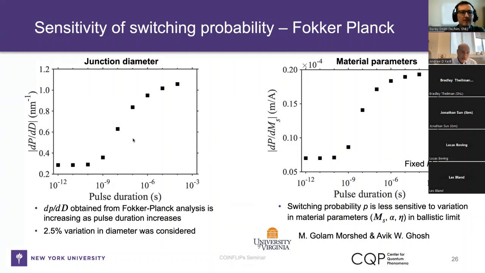And again, the ballistic limit is favorable from that point of view, which suggests that this is the way to go. In arrays, you can reduce the variations associated with material fluctuations, which is of course very important in magnetic devices, including in MRAM. But for MRAM, the conditions are really that you need the barrier to be larger than something. So it's a little bit different than what we're asking for here.